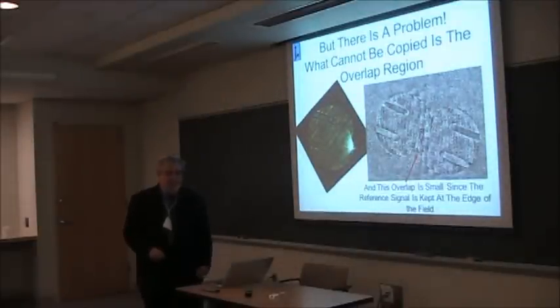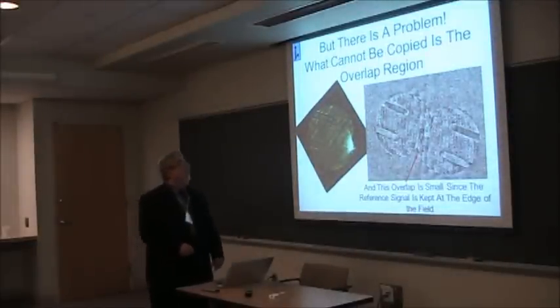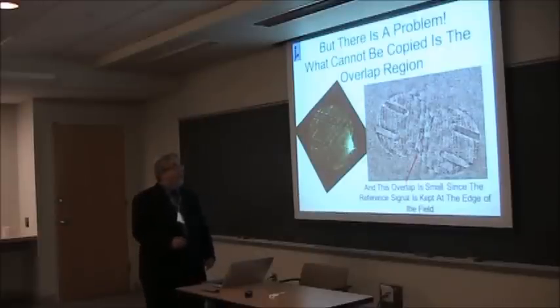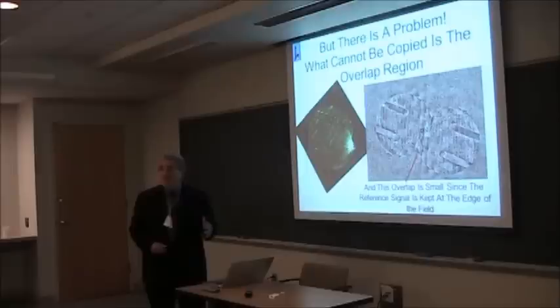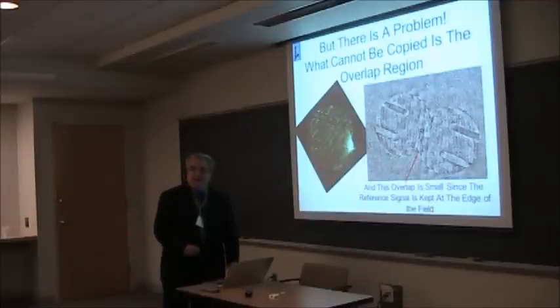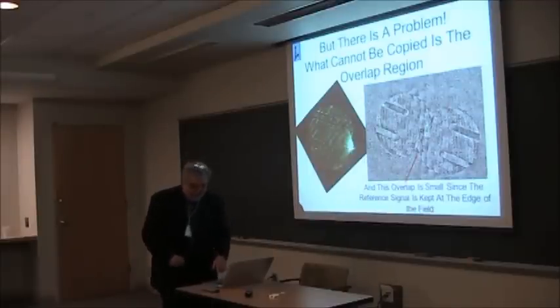Okay. However, there is a problem. The problem is right here. There's an overlap region, and I've sort of tricked you guys over here, and the ladies in the audience too. And that is that I've put a point source right at the edge, such that the overlap region is not very, very terrible in this particular case.